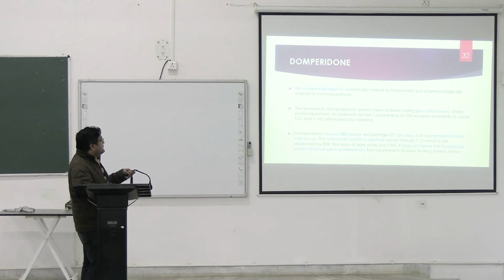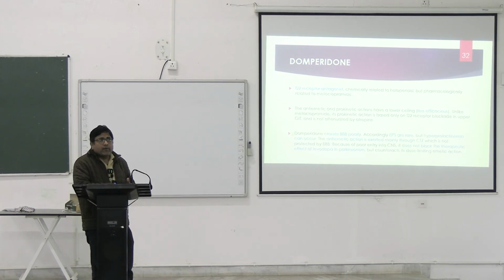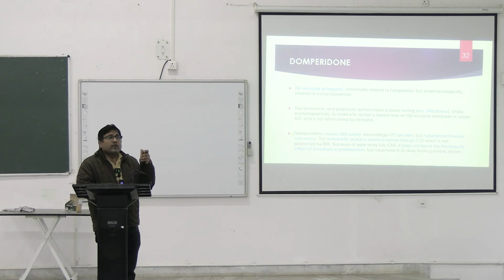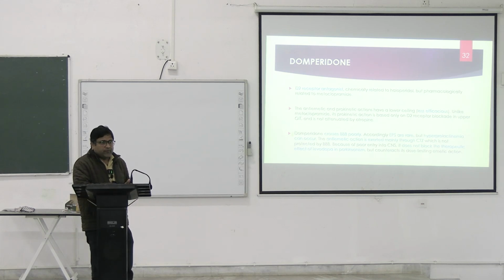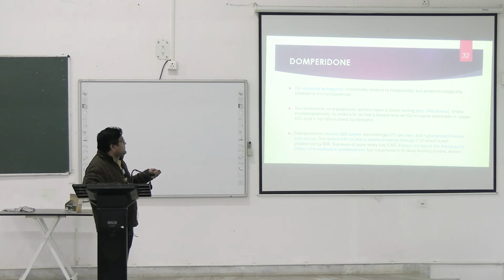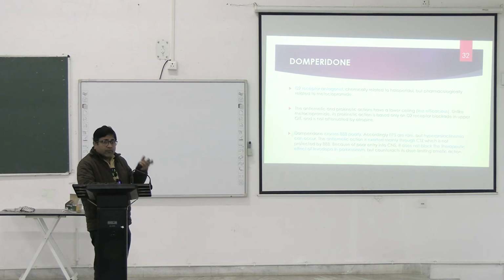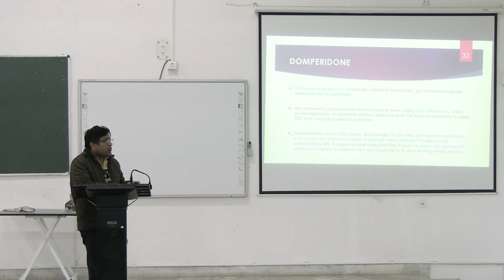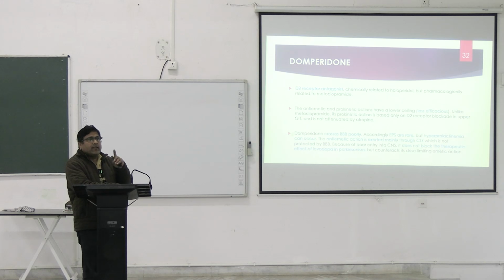Now domperidone, unlike metoclopramide, has its main action on dopamine D2 receptors only. It is a D2 receptor antagonist chemically related to haloperidol but pharmacologically related to metoclopramide. The anti-emetic and prokinetic actions have a lower ceiling effect, so it is less efficacious than metoclopramide.